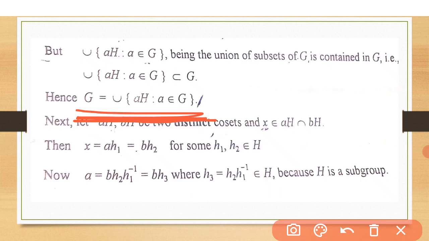So it means that all left cosets make G, or the partition of G.